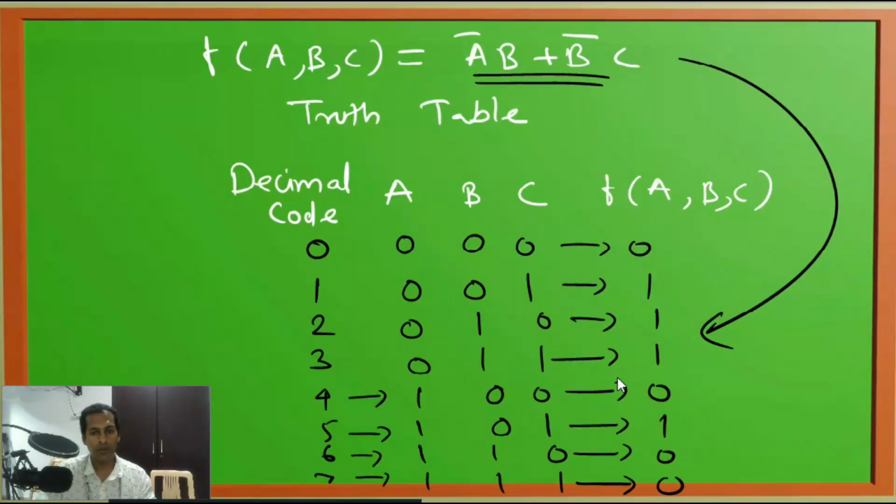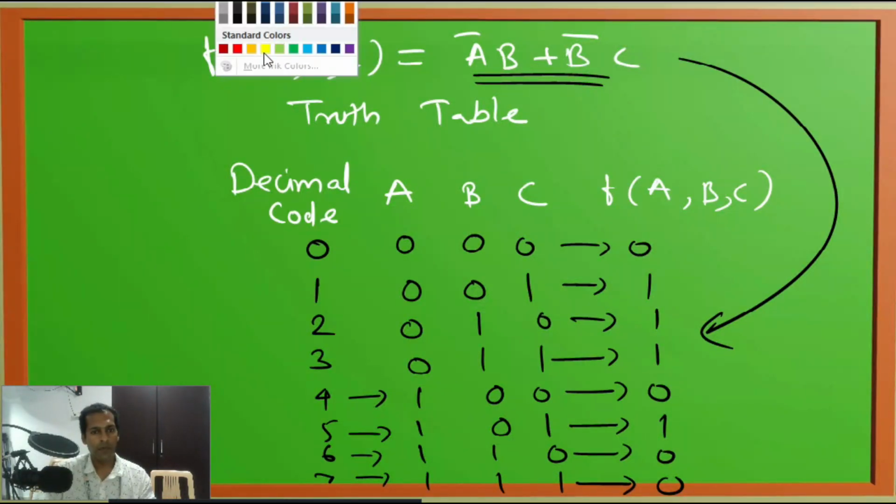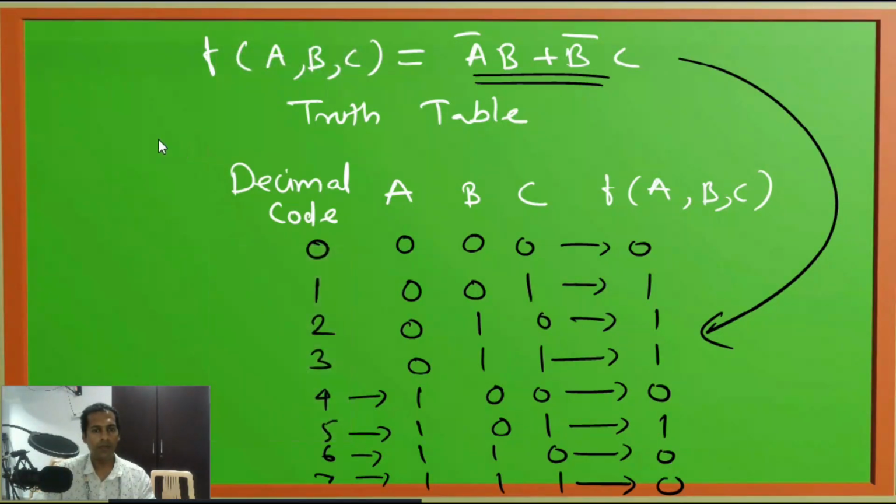Say for this truth table, the min term, say if we have to write for m0, what we can write: A bar B bar C bar, right?